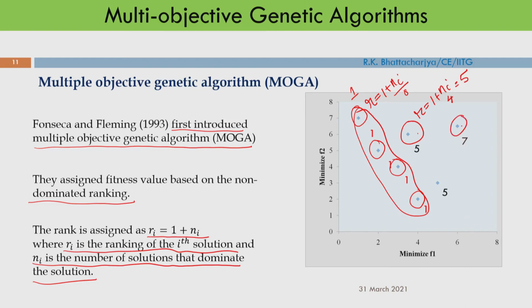This solution is dominated by all these solutions. Therefore, the rank of this solution is 1 plus Ni and in this case Ni is 6. Therefore, the rank will be equal to 7. So, now we are getting the ranking. This ranking will be used during selection of these solutions.